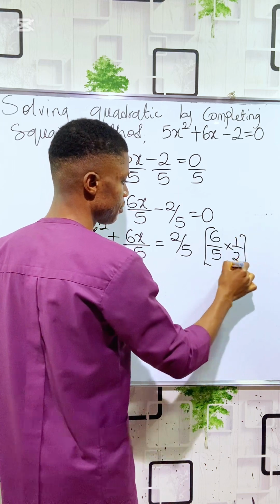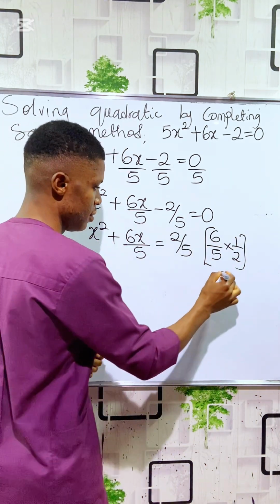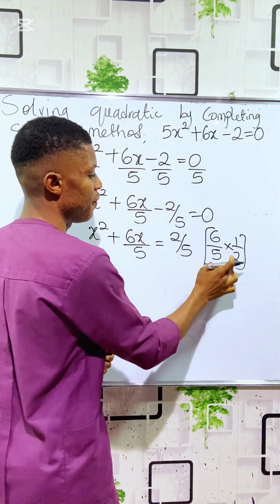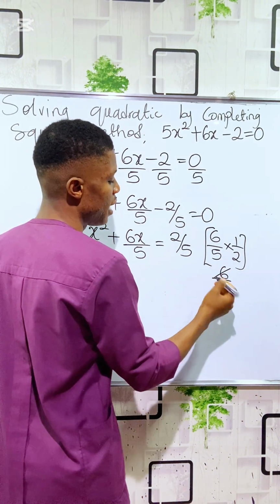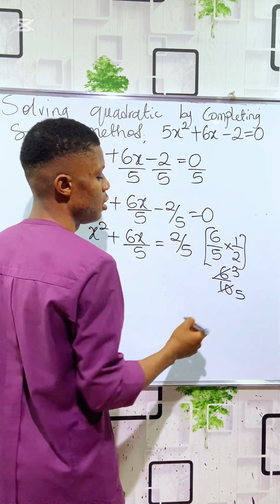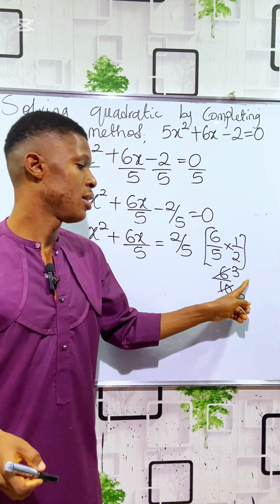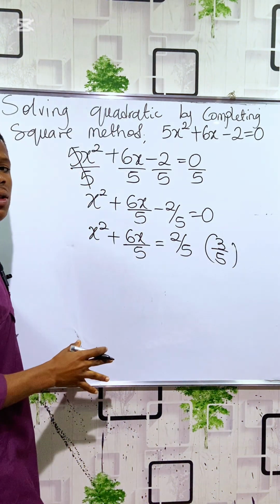That's the same thing. So let's multiply: 6 times 1 is 6, and 5 times 2 is 10. Or you can just divide by 2: you have 3, and 5. So it can simply be 3 over 5. So we are going to square it and add it to all the terms.